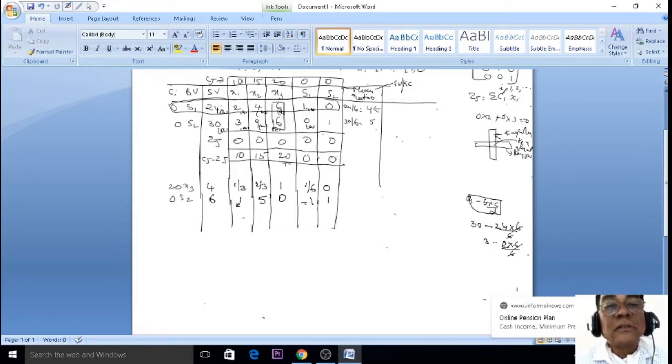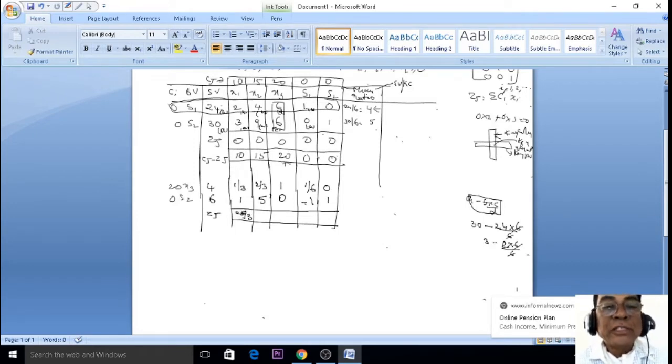After that, draw the horizontal line. Same, Zj. What are the Zj values here? See, the Zj value is sigma Cb into Xi, where i is equal to 1, 2, 3, 5, etc. It means 20 into 1 by 3 plus 0 into 1, that is 20 by 3.